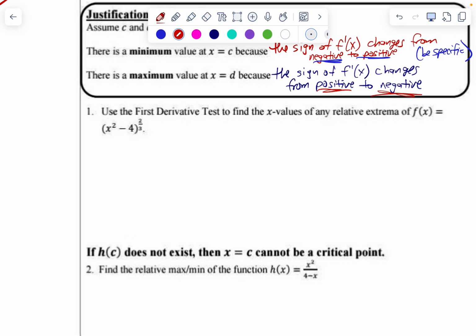All right, first derivative of this guy. I would like you to try that before I tell you, just for some review.